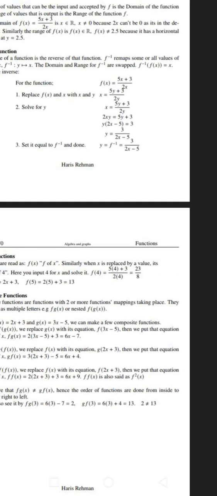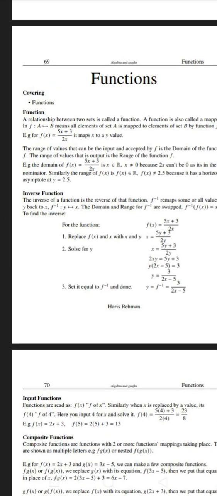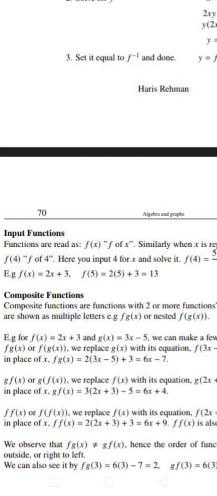Next is composite functions. These are a bit rare. They do come, but they are unpopular, let's say that. Inverse functions and inputting functions are overrated, but composite functions you still need to learn.